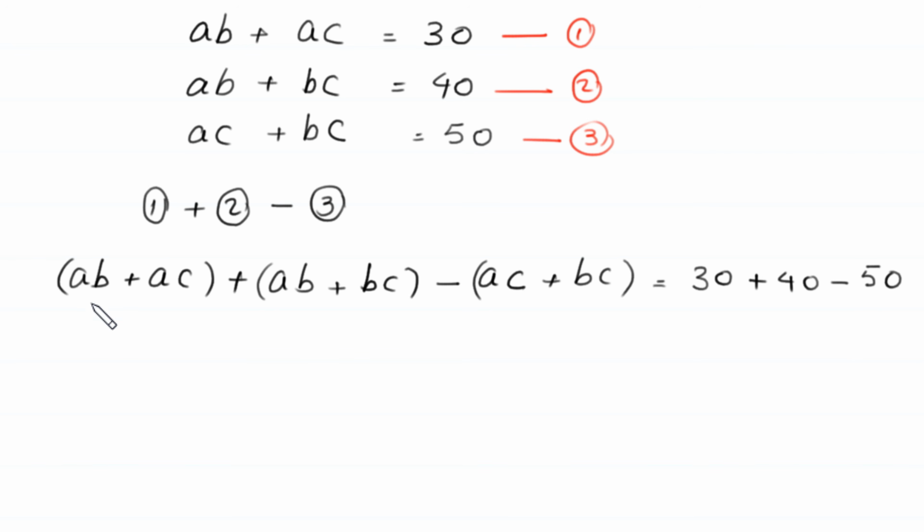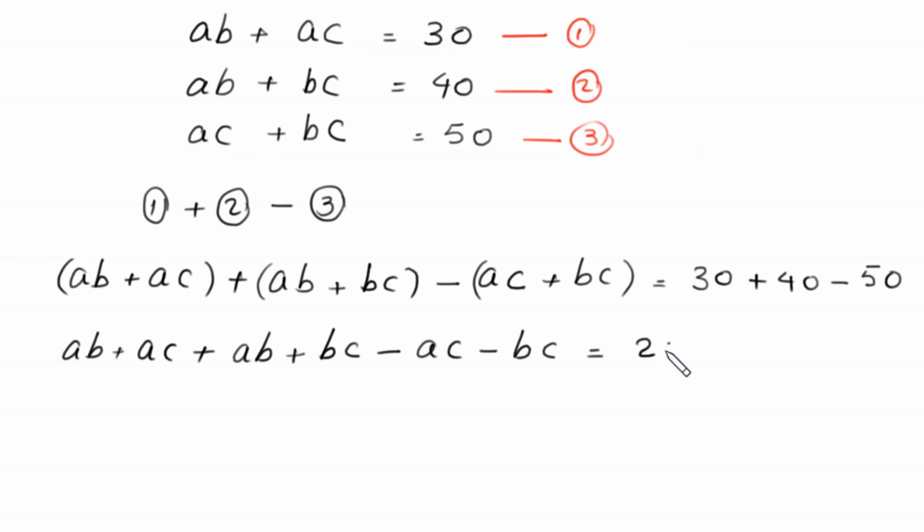Now we remove these brackets. So ab plus ac plus this ab plus bc minus this ac minus ac, and due to this minus, this plus bc will become negative bc, is equal to 30 plus 40, 70, and 70 minus 50, 20.